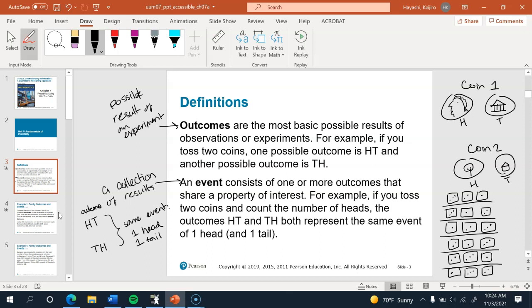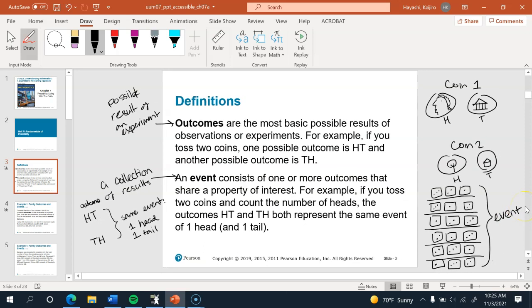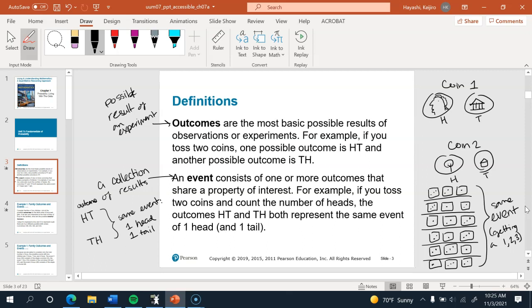So these are 6 different outcomes, but they represent the same event: getting a 1, 2, and a 3 in no particular order. So an event that you're interested in can have multiple outcomes associated with it. It might just have the one, sure, but it can also have more than one.